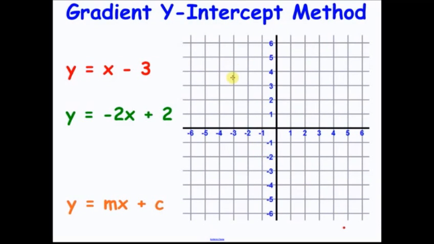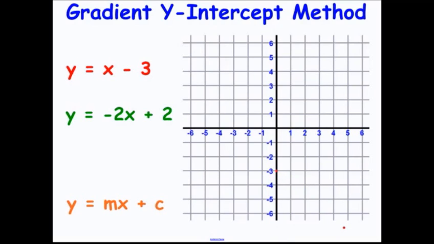Okay, let's look at the gradient y-intercept method again for 2 more lines. y equals x minus 3. So the first top tip is put a little dot where it cuts our y-axis. Now notice it's minus 3 this time. So whenever we've drawn our line, it's got to go through minus 3.